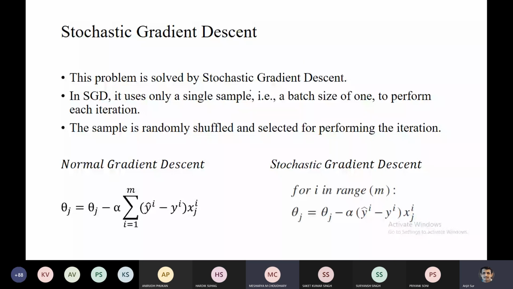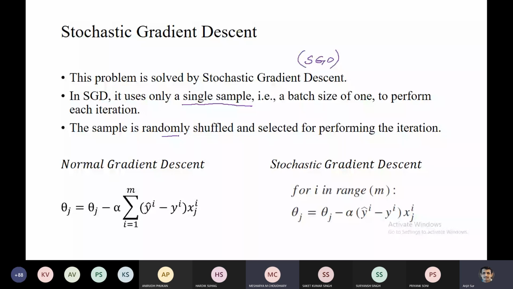So what we generally do, in the case of stochastic gradient descent, this problem is solved. SGD, stochastic gradient descent: only a single sample, the total batch size is one, is used to perform each iteration. We randomly choose one. The sample is randomly shuffled and then selected for performing the iteration.